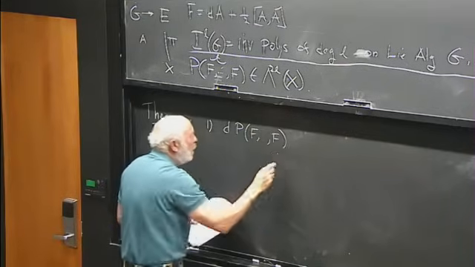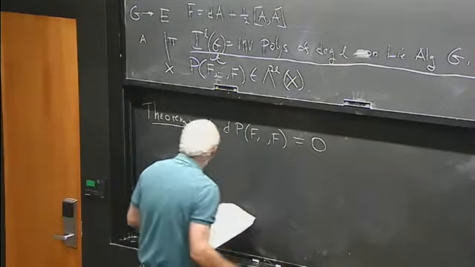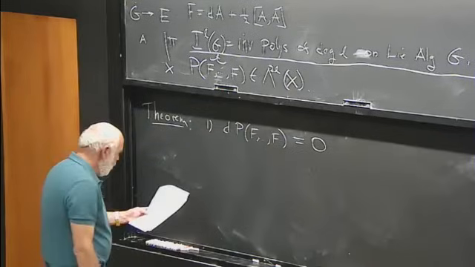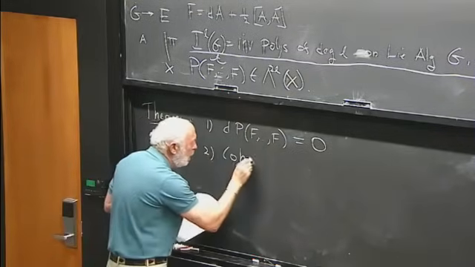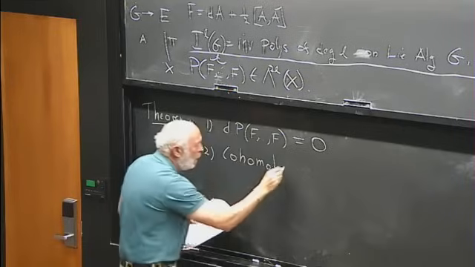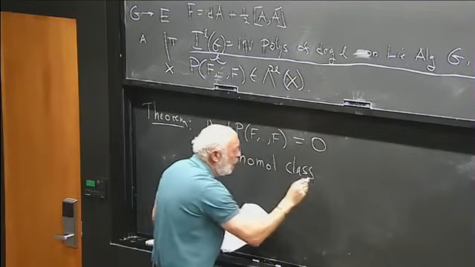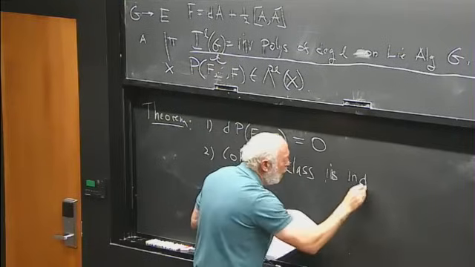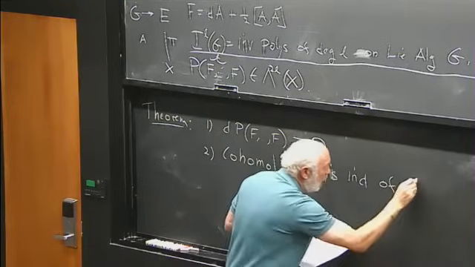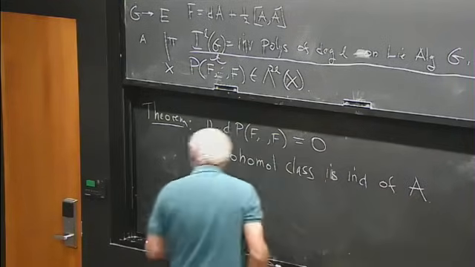It's a closed form. 2, the cohomology class is independent of A. Any old connection would have given you the same cohomology.